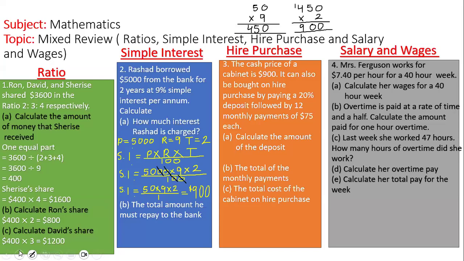Very good. 5,000 plus 900 is going to be equal to $5,900.